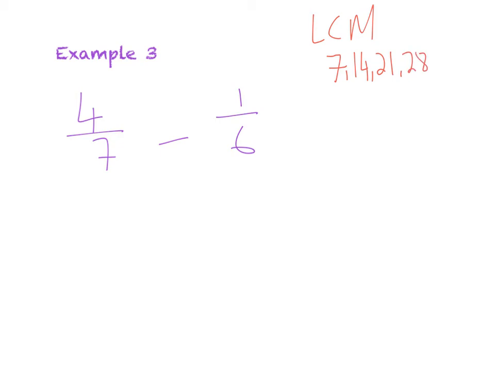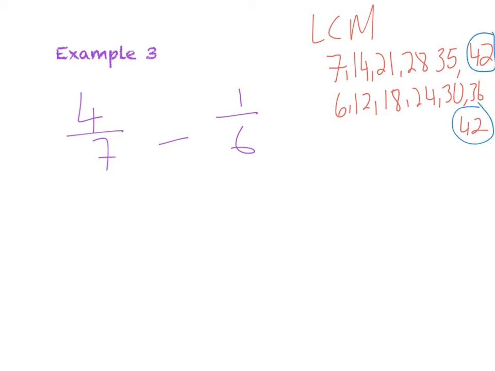So 7 ones are 7, 7 twos 14, 3s 21, 4s 28, 5s is 35, and 7 sixes are 42. And then I suppose we'll skip on to the 6s, and we have 6, 12, 18, 24, 30, 36, and the last one there is 42. I've spotted that the lowest common multiple is 42 in both of those.